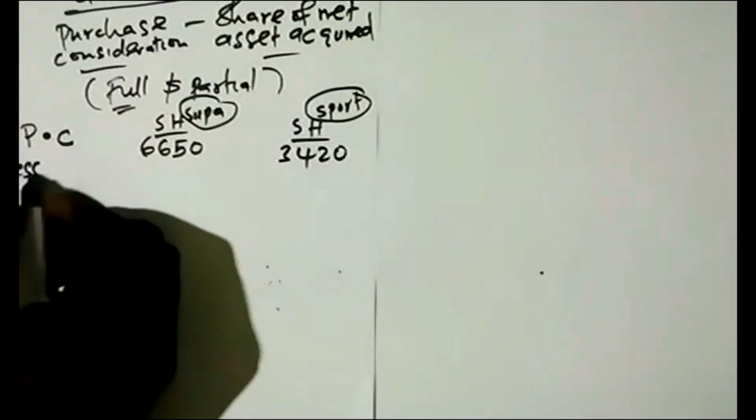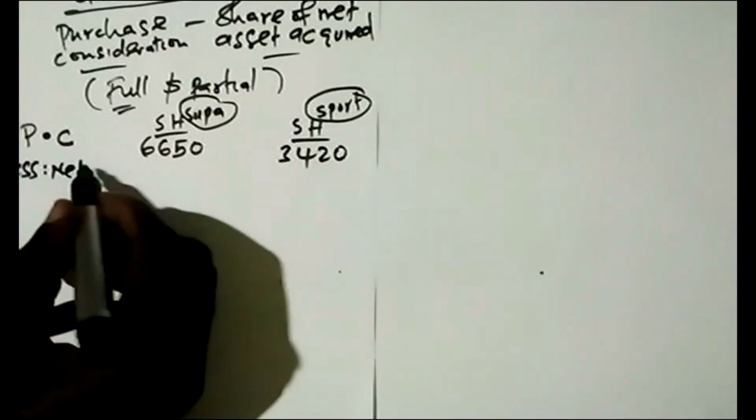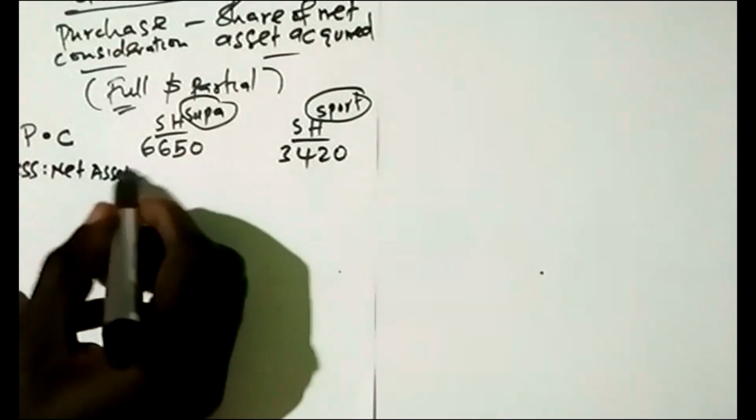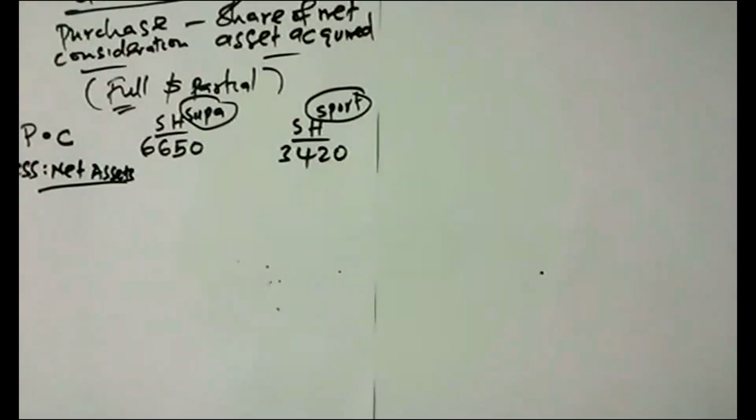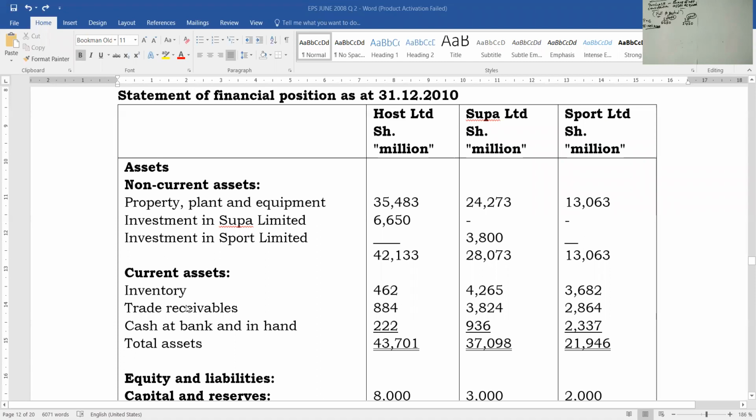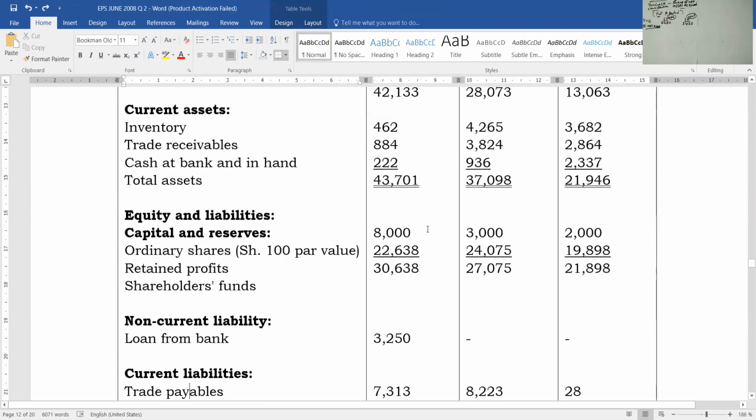Then we raise the share of net assets acquired. So for the net assets, since you are given a statement of financial position, you just pick them directly.